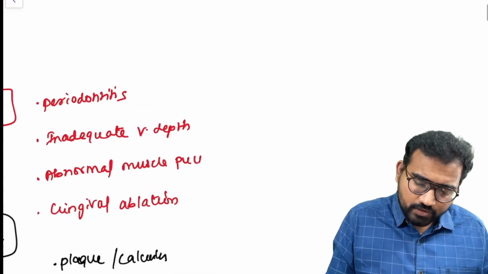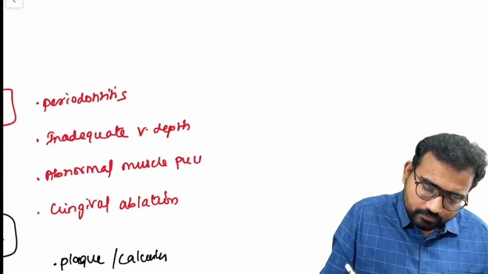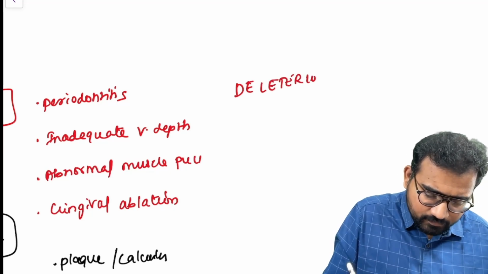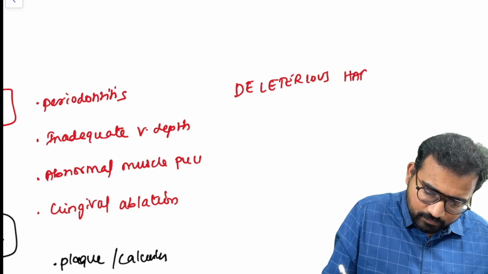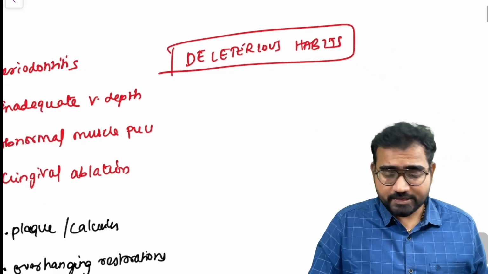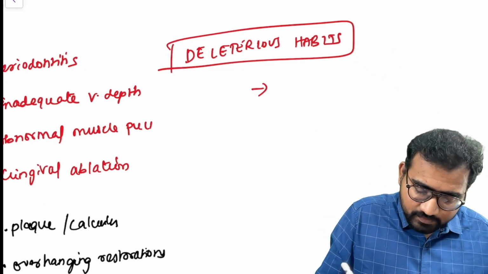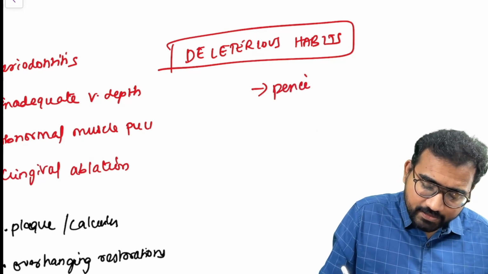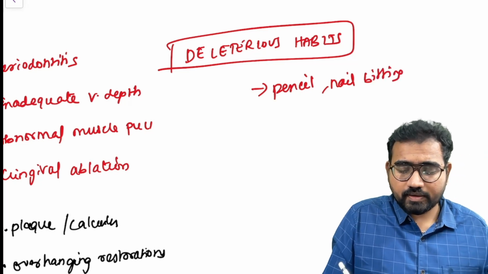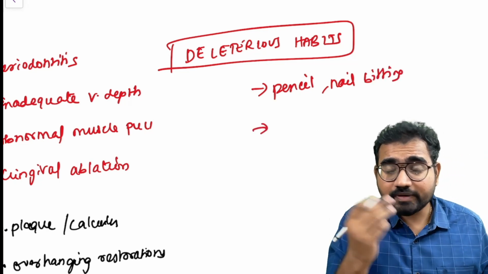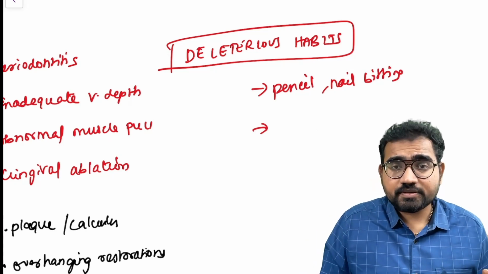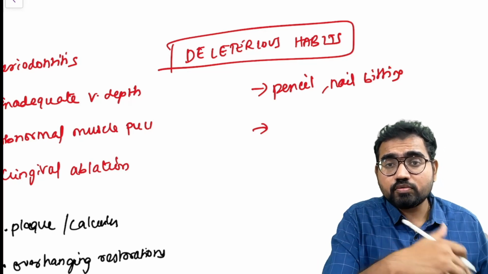The next one is deleterious habits, like pencil biting, nail biting, or pin biting in the case of tailors. These are the deleterious habits which might lead to recession.